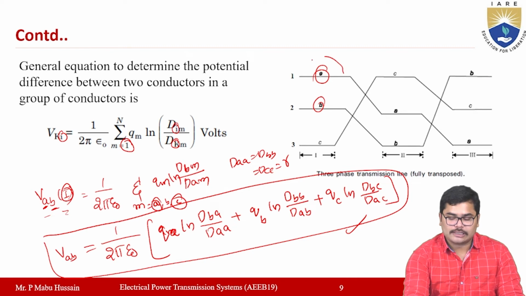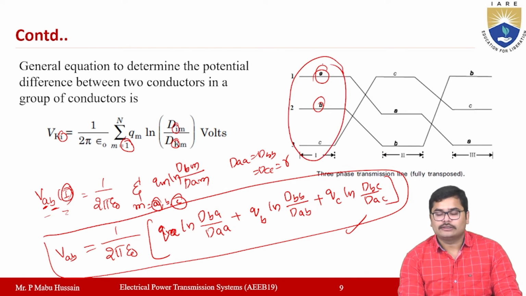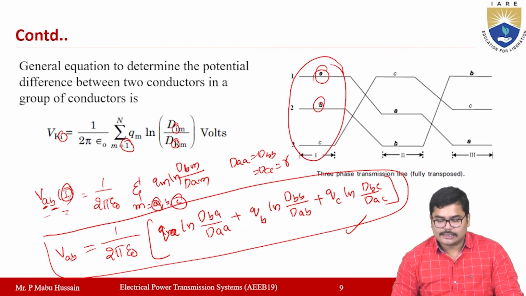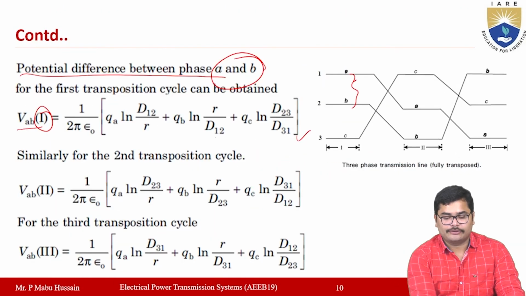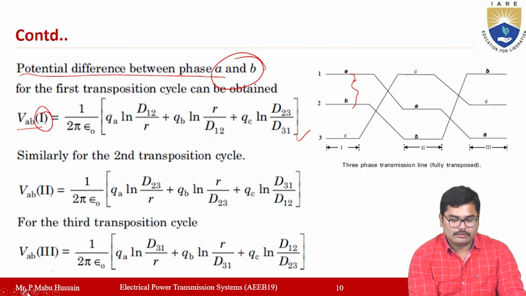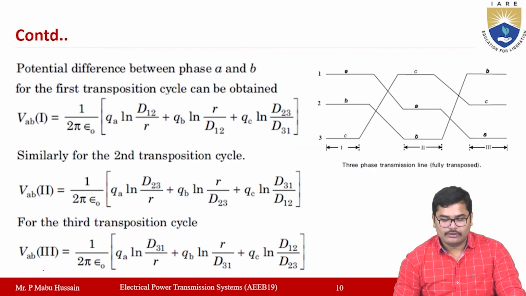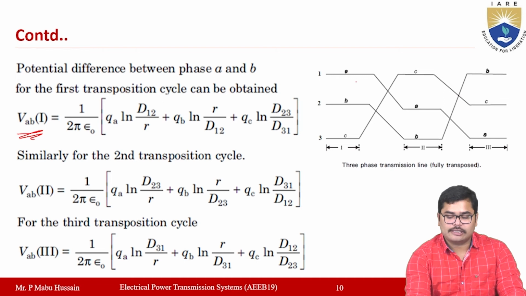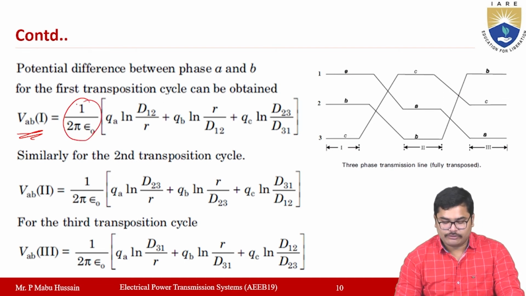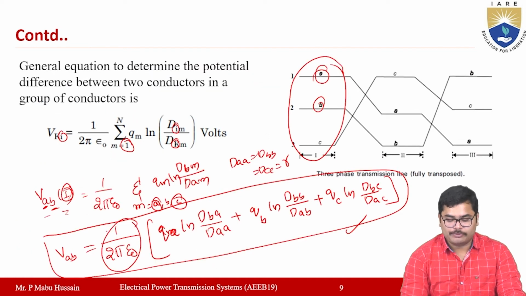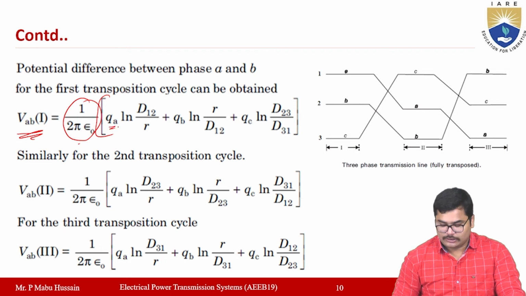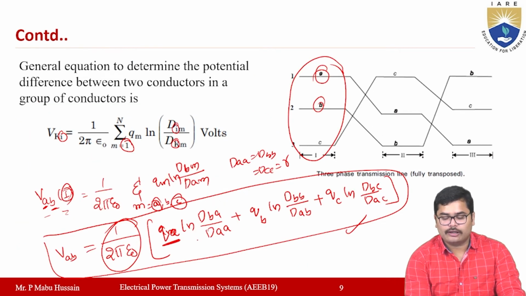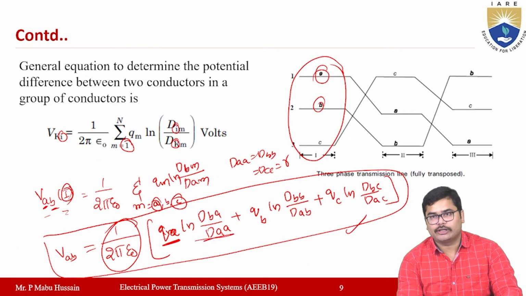Now if you observe the first section, what you will get. VAB in the first section, first this value will be the same, which is 1 by 2 pi epsilon naught, right? 1 by 2 pi epsilon naught into, so then QA ln DBA by DAA you are having.